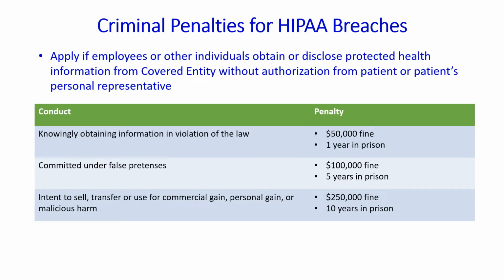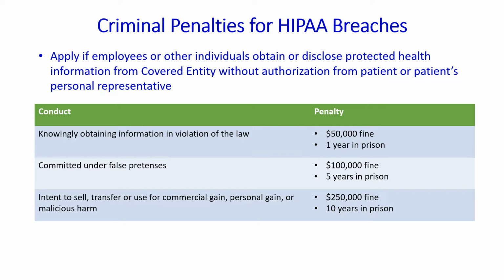HITECH made it possible for the federal government to prosecute individuals or entities for HIPAA breaches when those breaches occur purposefully. Criminal penalties are set at a $50,000 fine plus 1 year in prison for every single count of knowingly obtaining false information in violation of the law.